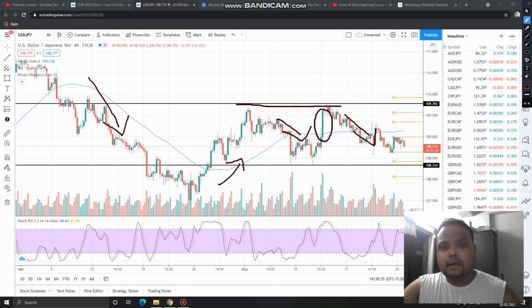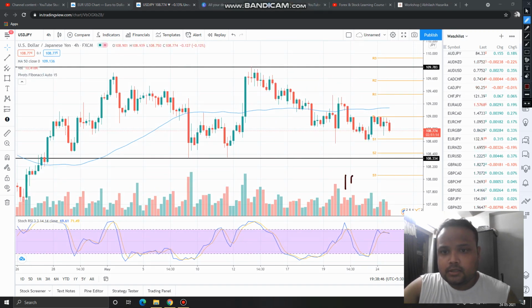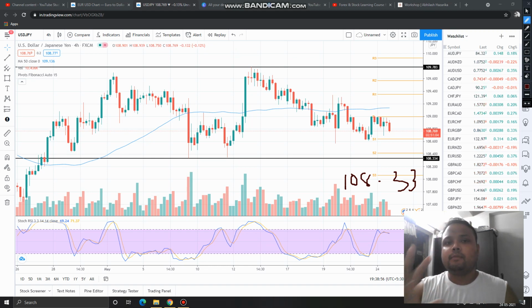If we look at these price levels, then we can see that we have a support also, because see, 108.33. Whenever the market was going down, this particular level 108.33 provided support to the market here, and also here.